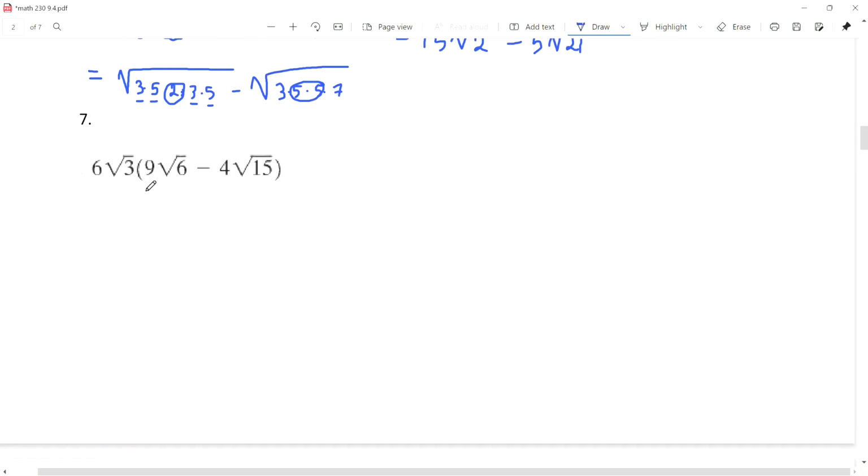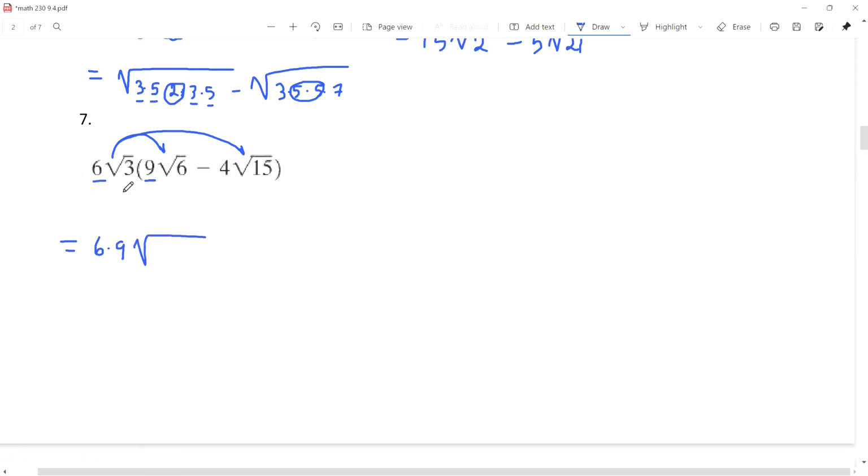For question 7, this one is a little bit more complicated, but we'll just do it slowly. We'll take our time. So let's distribute the 6 square root of 3 to 9 root 6. So that's 6 times 9. We're multiplying the 6 and the 9 together.